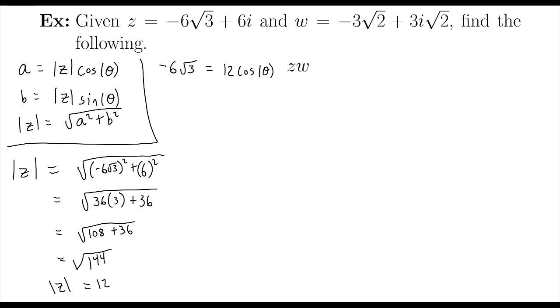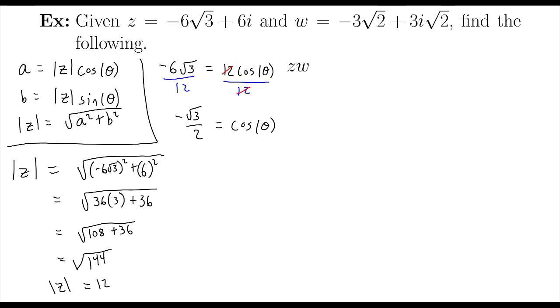If I divide both sides by 12, then 12 cancels, and negative 6 over 12 is negative 1/2. So that makes negative square root of 3 over 2 equals cosine theta.